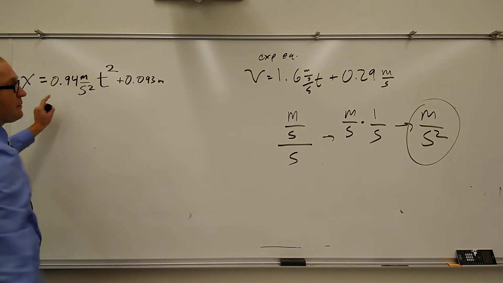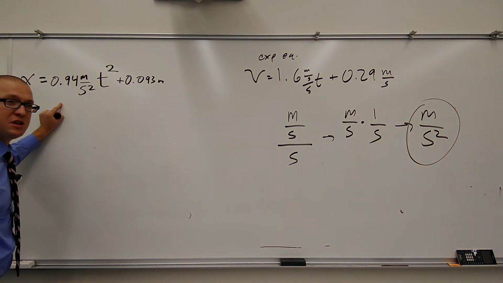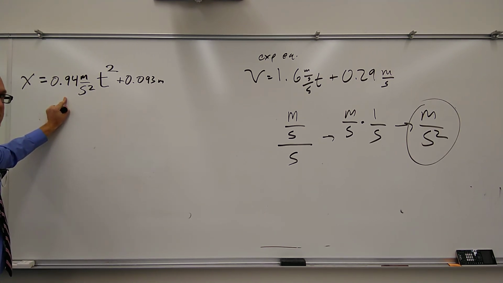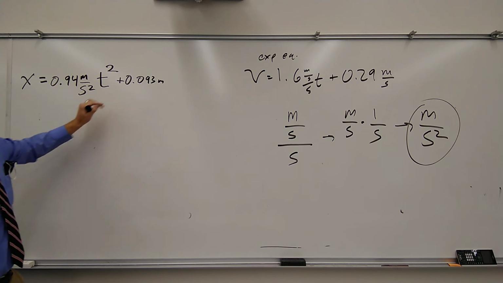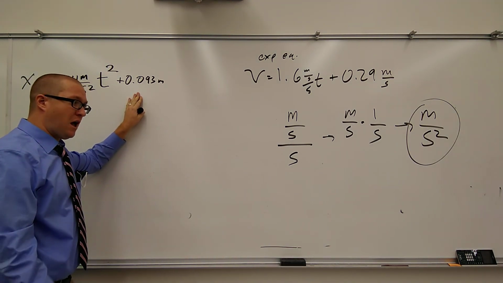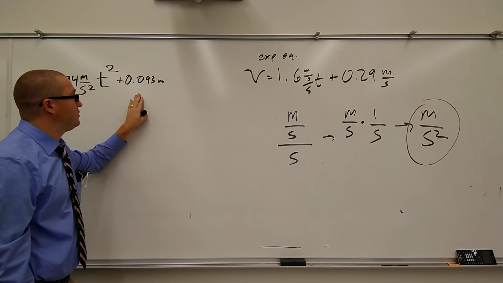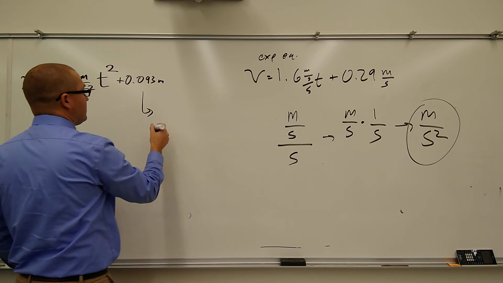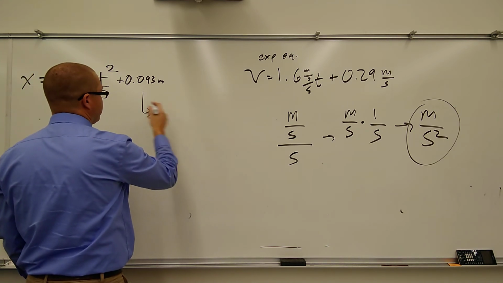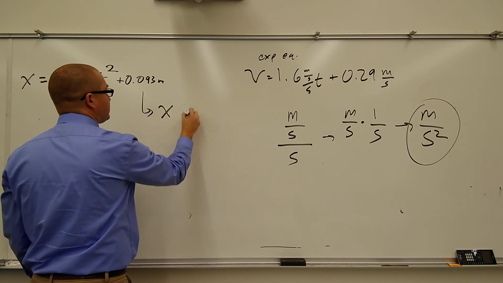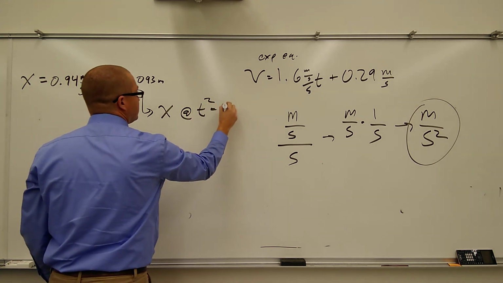Right? Let's talk about this equation now, your position versus time equation. That looks like acceleration, but it's not. This looks like the initial position, but it might not be. I'm just going to call it the initial position for now. It's the position x at t squared equal to 0.